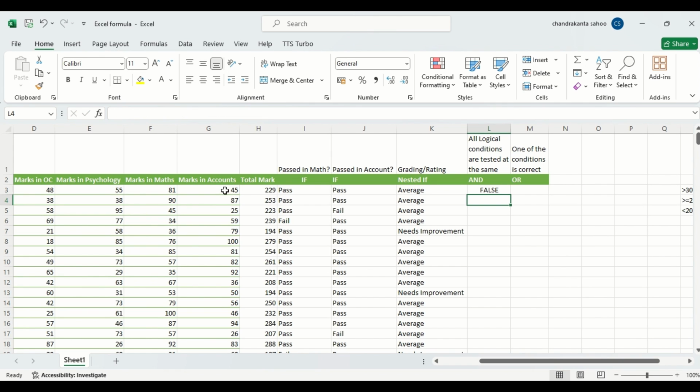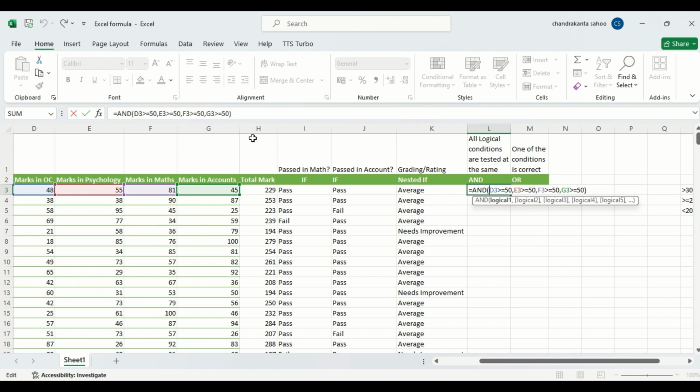Let us enter. It is found to be false. What did we do? You can see we have D3. If this cell is greater than 50, it is less than 50. If this cell is greater than 50, it is okay. If this cell, that is F3, is greater than 50, it is okay.